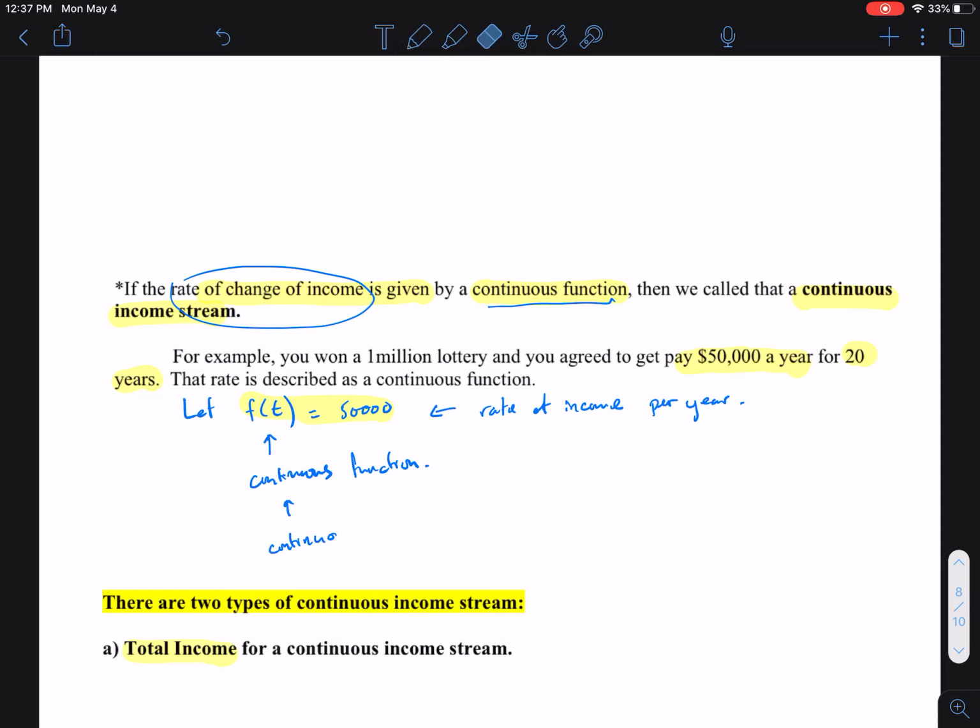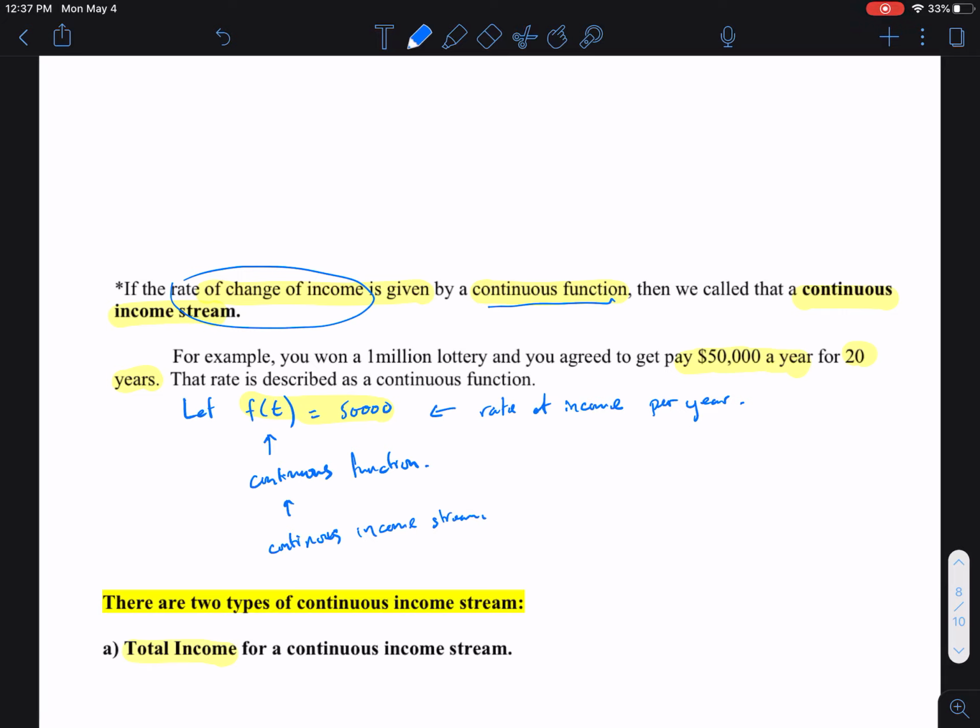So now this income stream becomes a continuous income stream. Any income stream that can be described as a mathematical equation that is continuous is a continuous income stream.